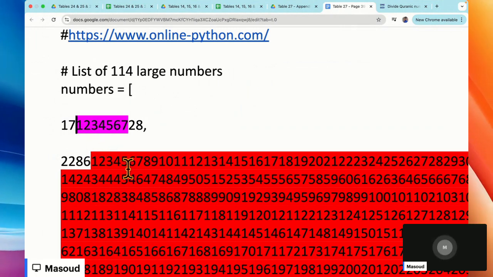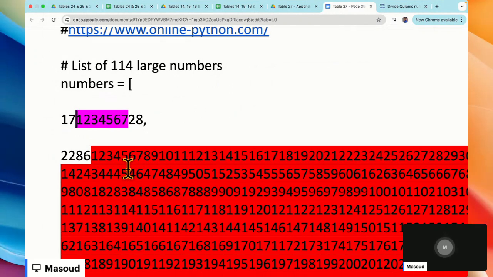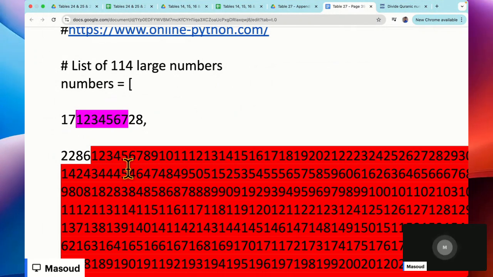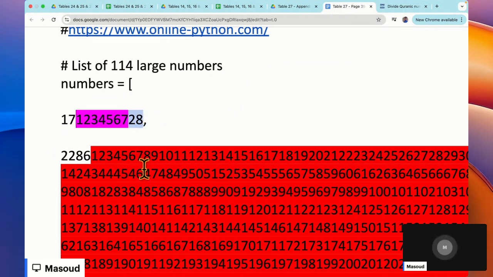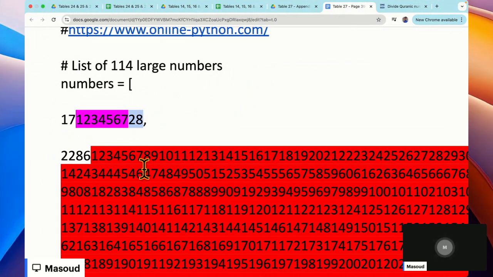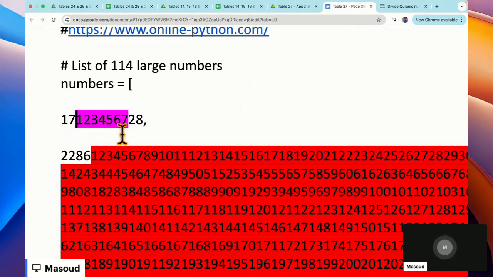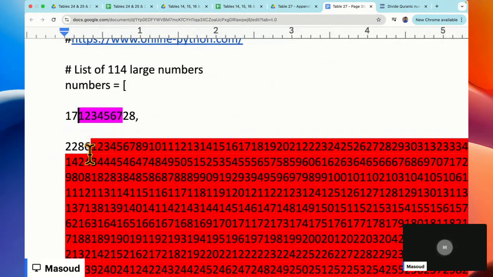And I have highlighted these so that the individual numbers of the verses are discernible from the rest of the digits that we have. And then finally, we're going to have a 4th number, and the 4th number is going to be 28 here for this one, and that is the sum of these numbers, meaning 1 plus 2 plus 3 plus 4 plus 5 plus 6 plus 7 adds up to become 28. So we have 4 numbers, remember that, right?